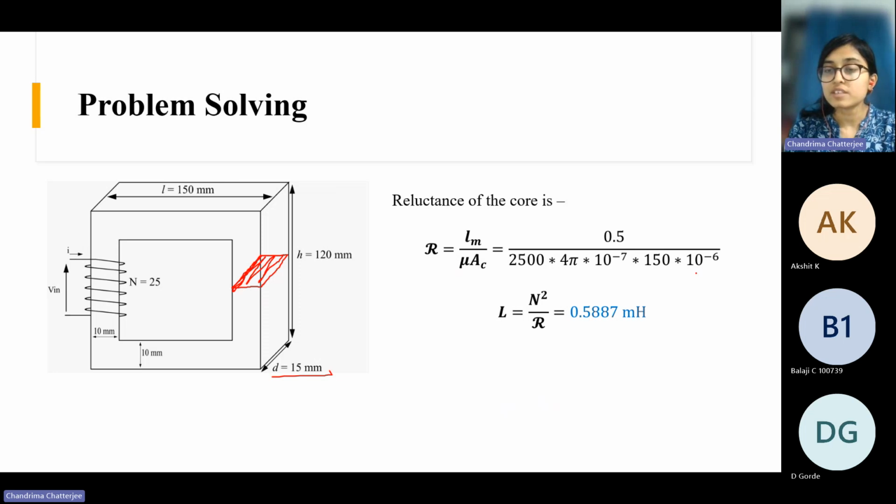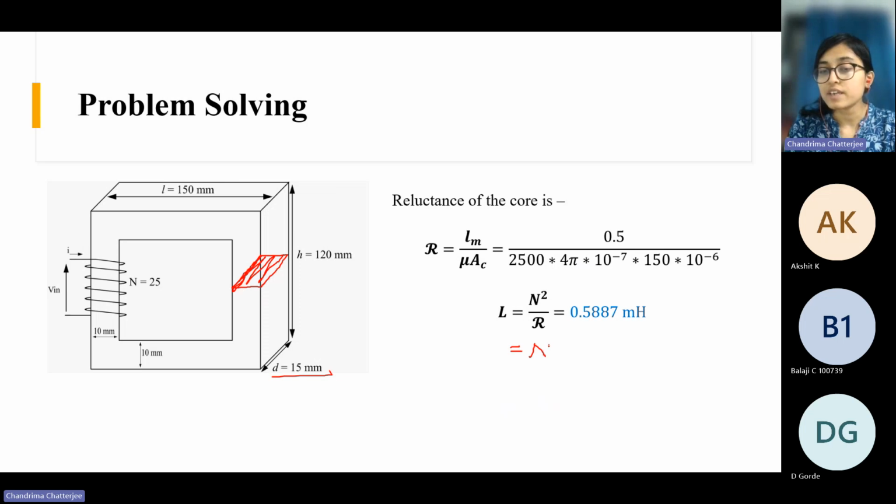To convert it to meter squared, we multiply by 10 to the power minus 6. So we can find the reluctance. And inductance is N squared by reluctance. Or you can also write permeance times N squared, so this is the same thing.